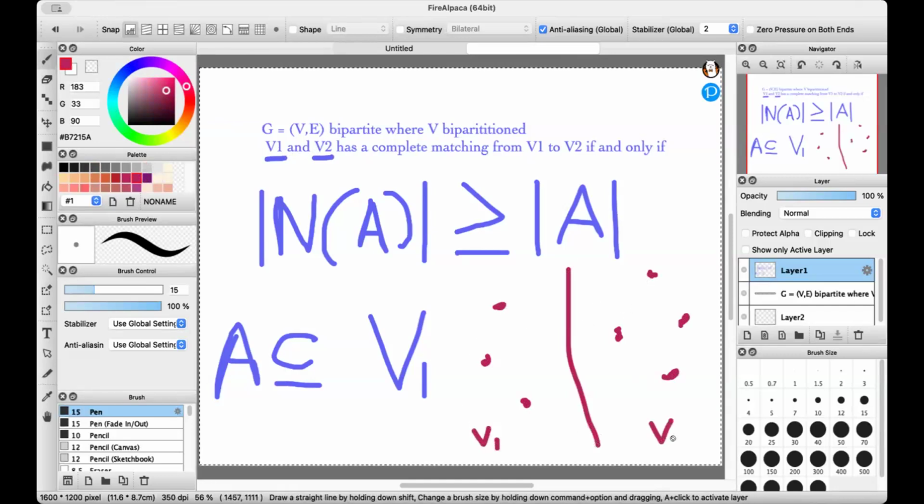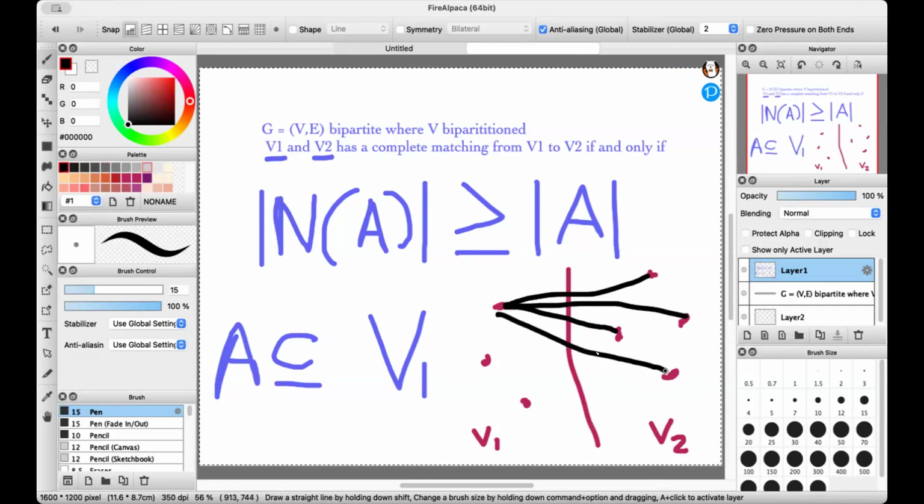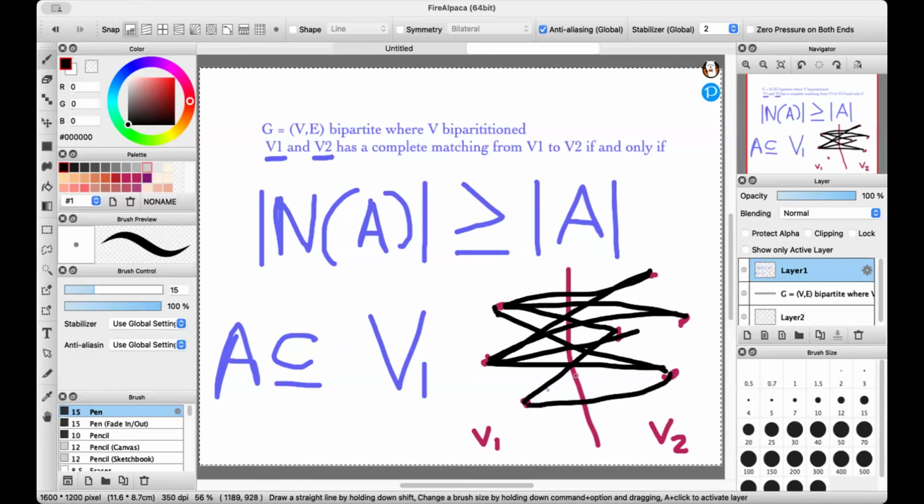This is my V2. So I have to draw a complete matching. So this goes to here, this goes to here, this goes to here, and this goes to here. And then this has to go to every vertex in V2 as well. So this is a complete matching. And it also looks very messy, I'm sorry.